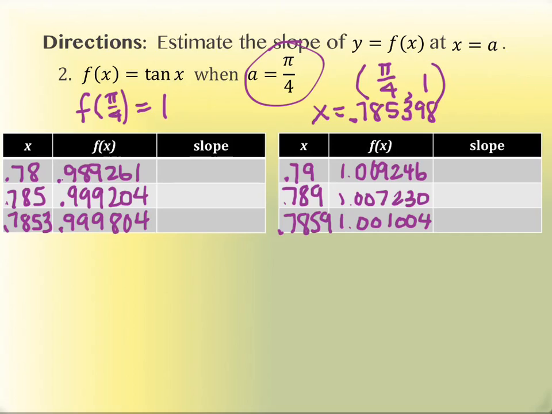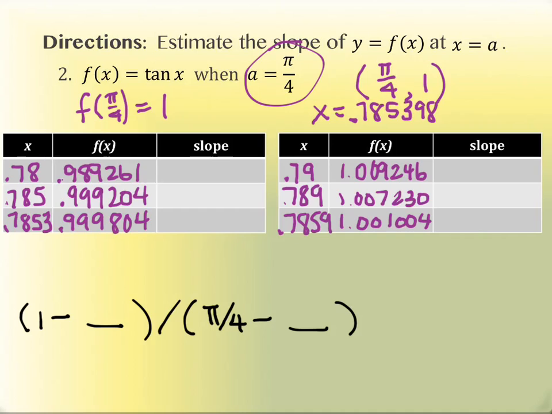So what we're going to put in our calculator is the y value, which is 1 minus, and then we'll have a y value divided by the x value, and I'm actually going to enter this as pi over 4 because I can. I might as well use the exact value. And then minus the x value that's approximated that I've been using. So we're going to go with 1 minus, and we'll do the first one, which is 0.989261.